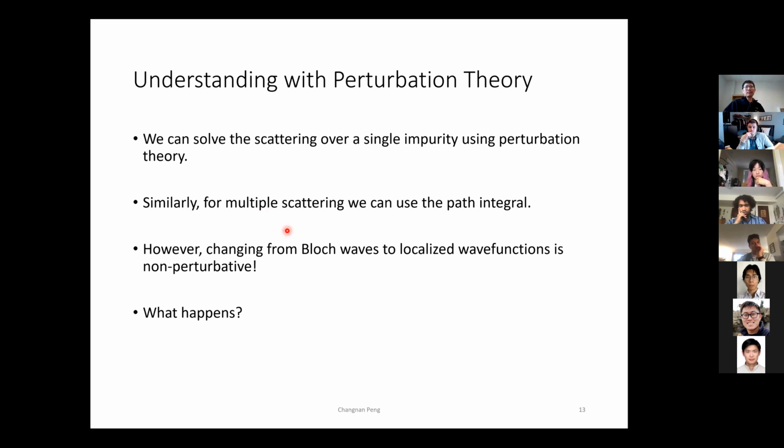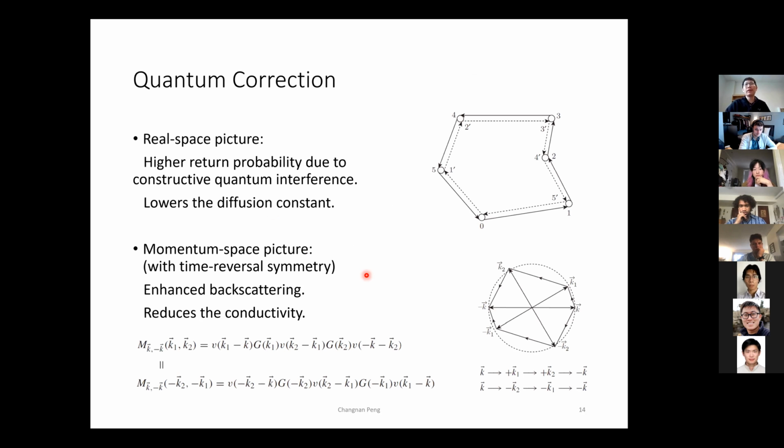However, going from Bloch waves to a localized wave function that exponentially decays with distance, this change is non-perturbative. So it means that in our treatment, there's some step that brings divergence. So let's see where the divergence comes from.